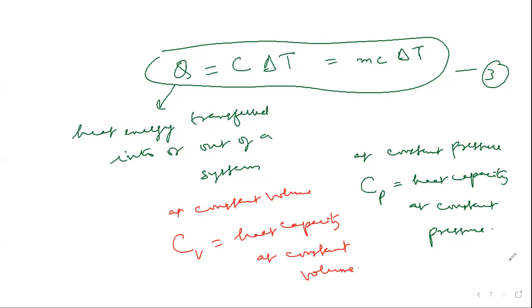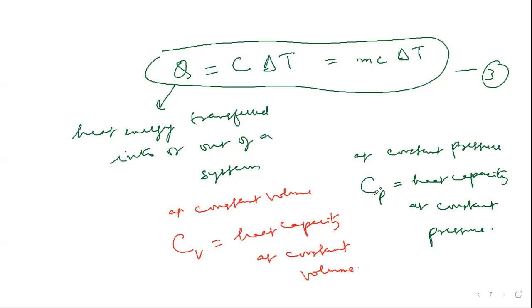Now, in general, the amount of heat needed to raise the temperature of a body at constant pressure, which is heat capacity at constant pressure, is not the same as that heat needed at constant volume, that is Cv, heat capacity at constant volume. So in general, they are not the same. So we must distinguish therefore between Cp and Cv.